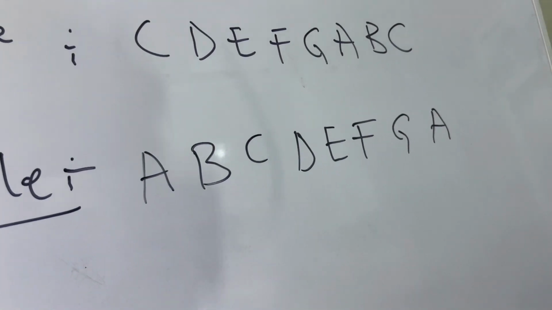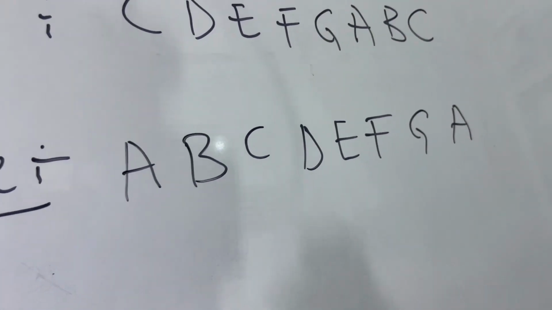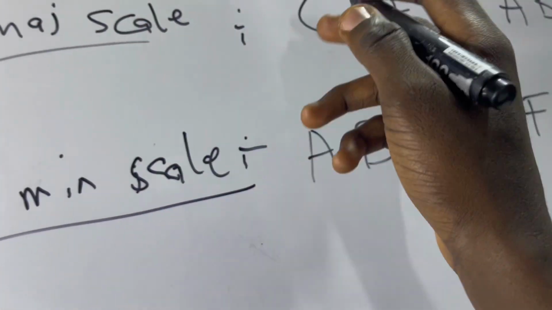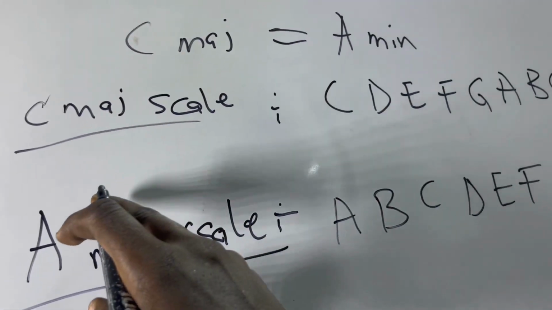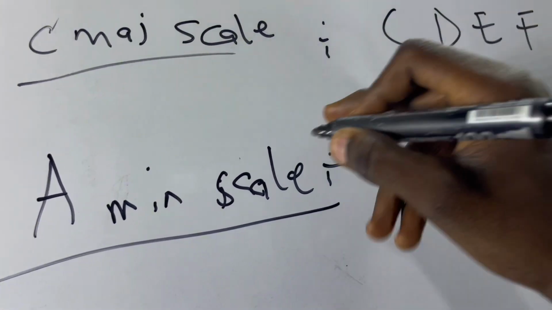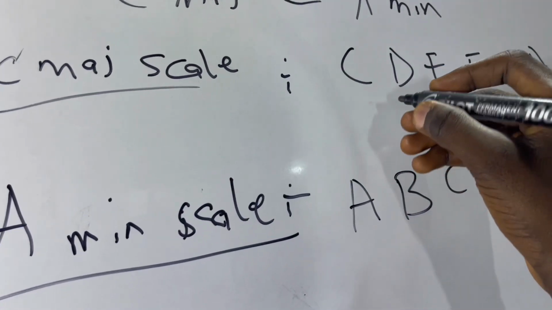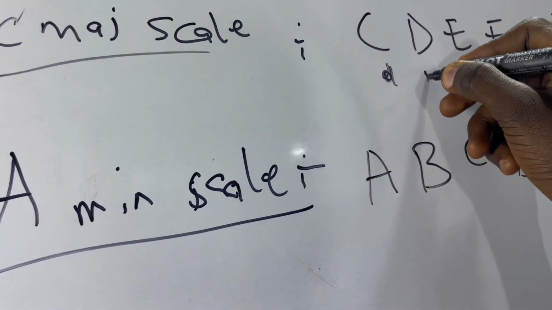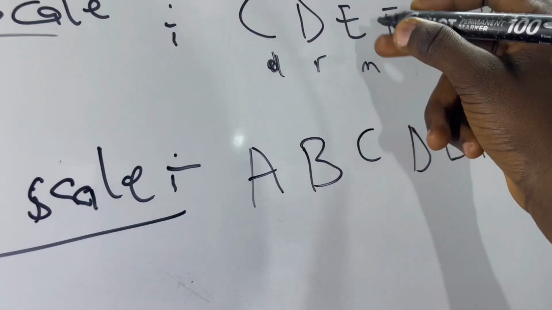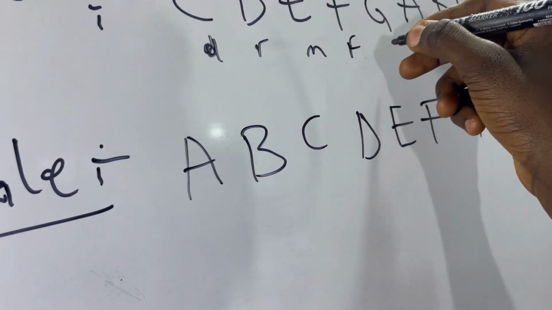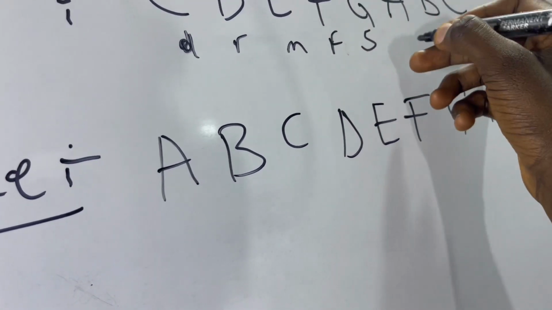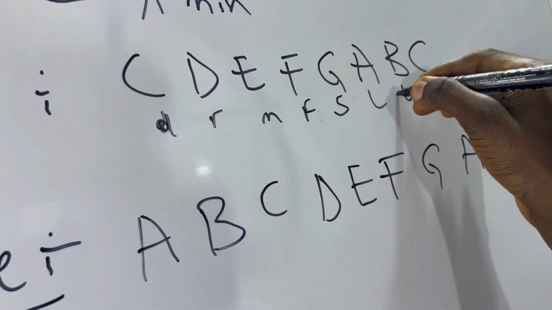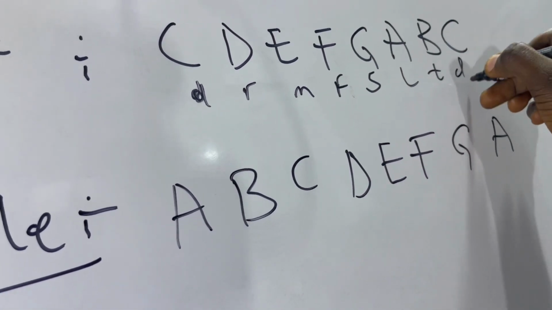But the difference is when it comes to solfa notation. Let's represent it with solfa notation. Major scale of C: C is do, D re, E mi, F fa, G so, A la, B ti, and back to do.